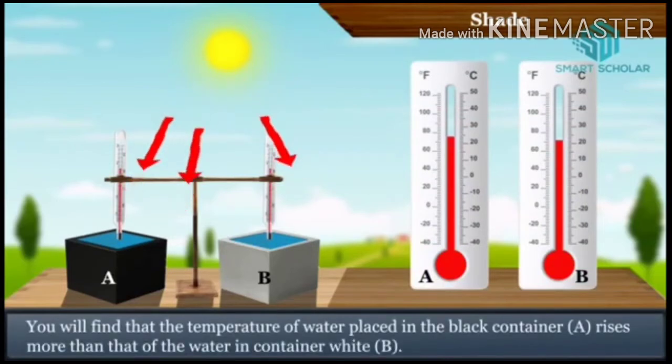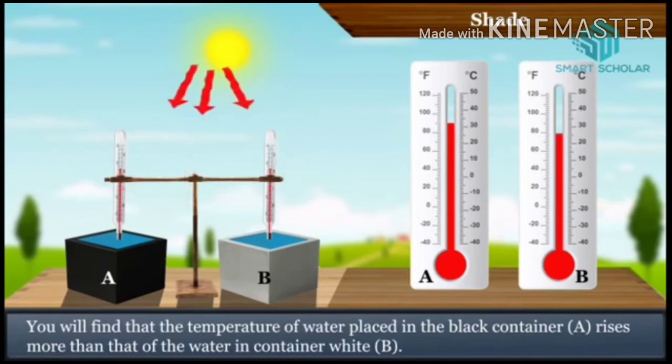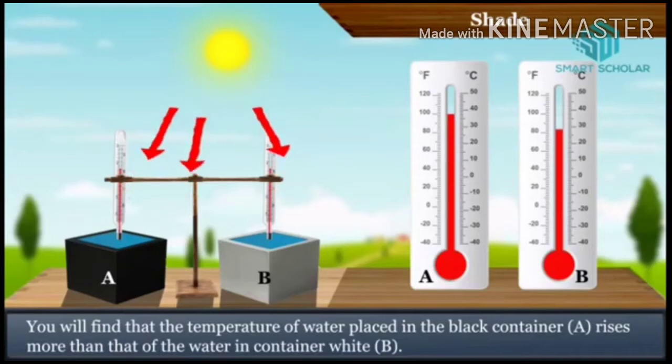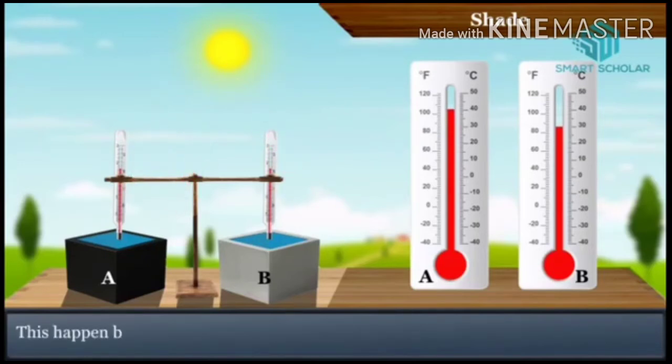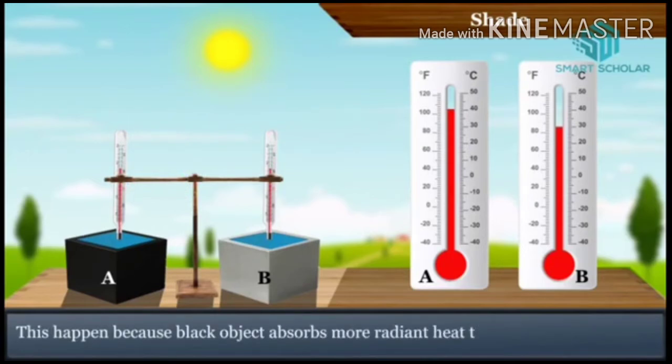You will find that the temperature of water placed in the black container rises more than that of the water in the white container. This happens because a black object absorbs more radiant heat than a white object.